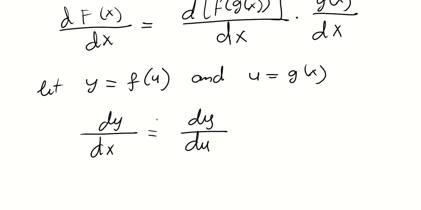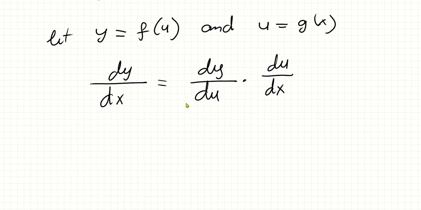So the final derivative of this is not just equal to dy over du, because we want to solve for dy over dx with respect to x. So we need to multiply it with another term, the derivative of that function, and it will be with respect to x. So this is what we call the chain rule. And this is very, very useful, especially when we apply the general power rule.